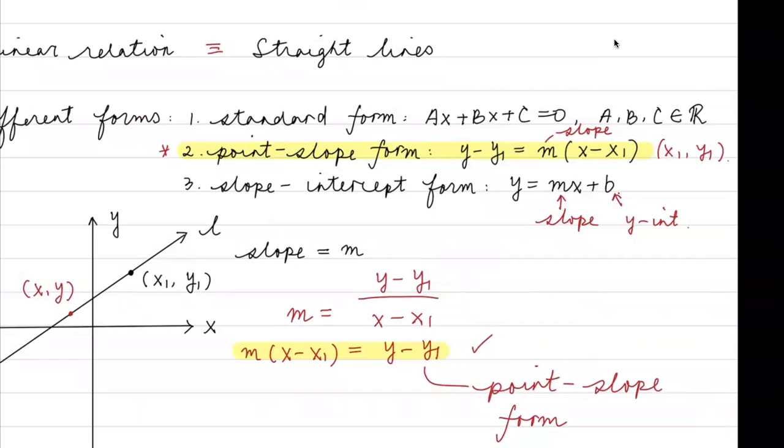For one straight line, it can have a standard form, a point slope form, and a slope intercept form, but we can change these forms to each other if we want to. They are essentially different forms of the same straight line.